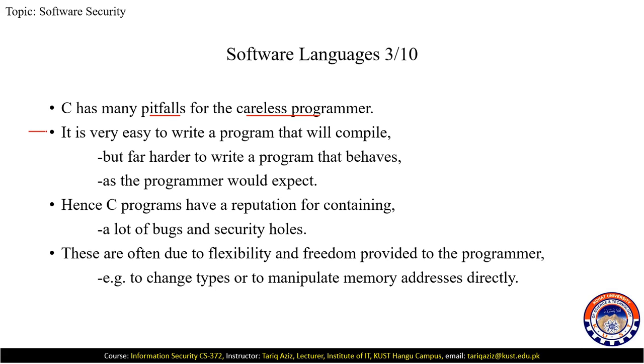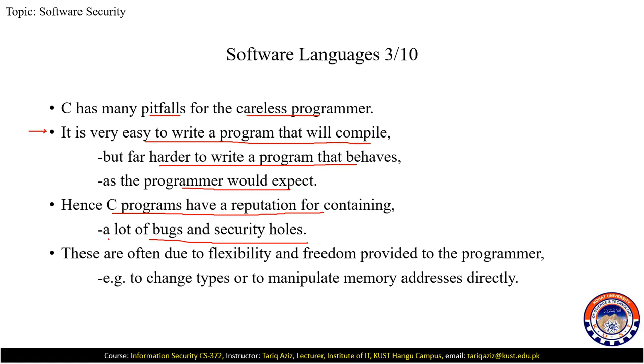The first disadvantage is that it is very easy to write a program that will compile. Okay, but this is not the end. It is harder to write a program that behaves as the programmer would expect. So, the problem is that C programs have a reputation for containing a lot of bugs and security holes.